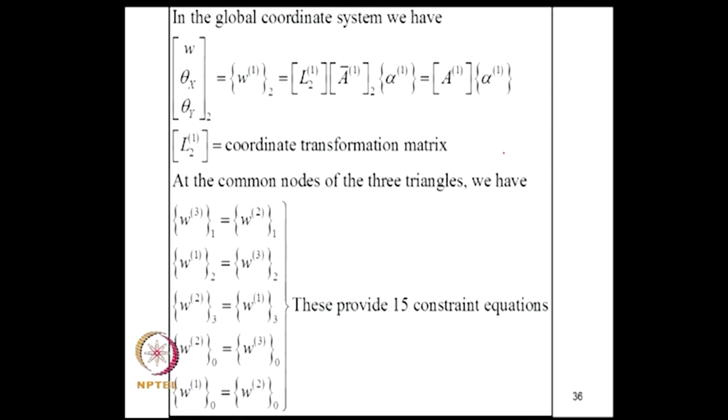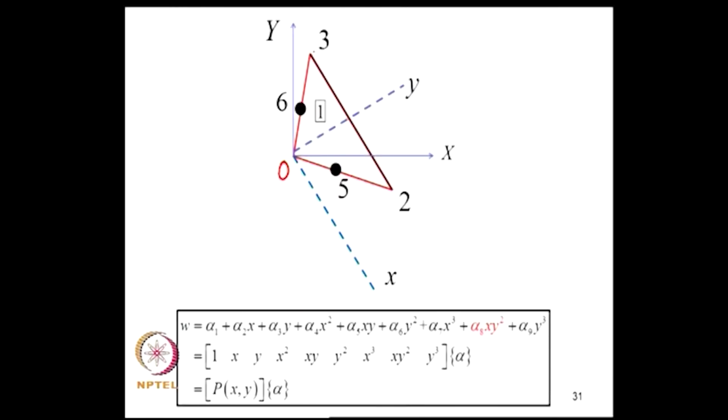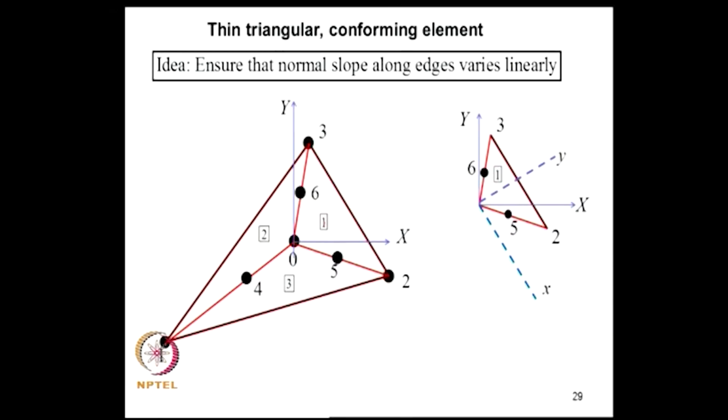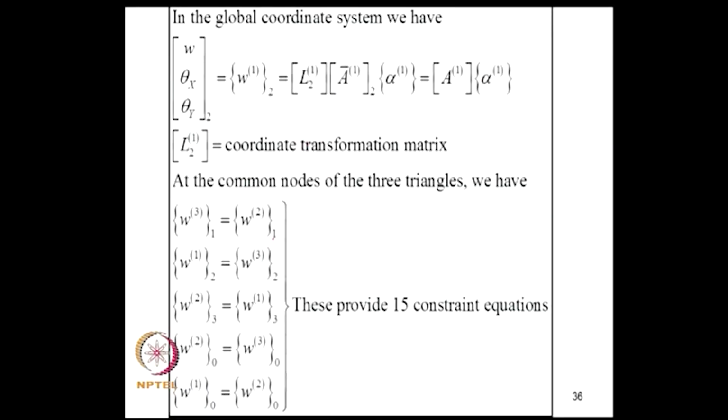Now, at the common nodes of the 3 triangles, W3 at 1 must be W2 of 1. So, that is W3 viewed from element 1 must equal W2 of this.